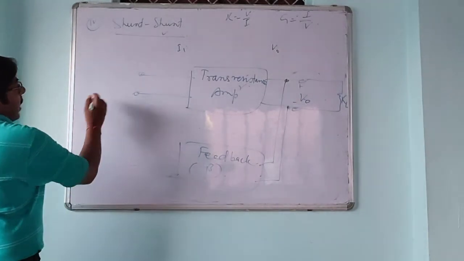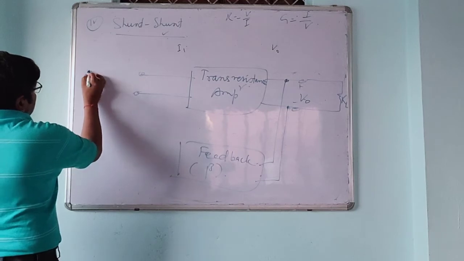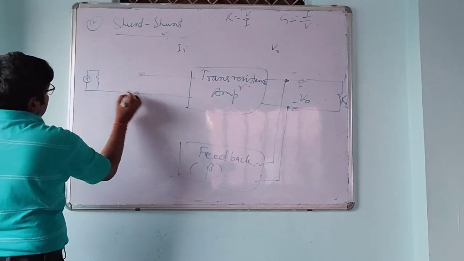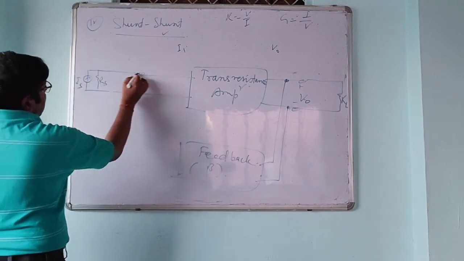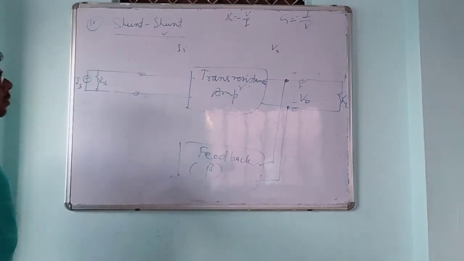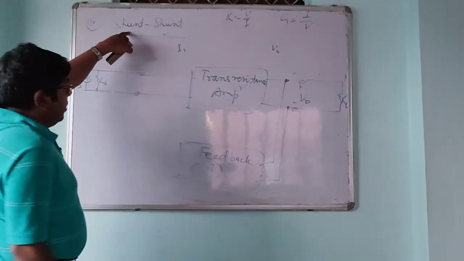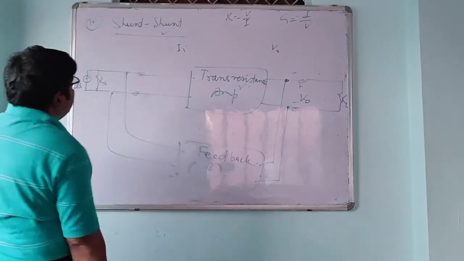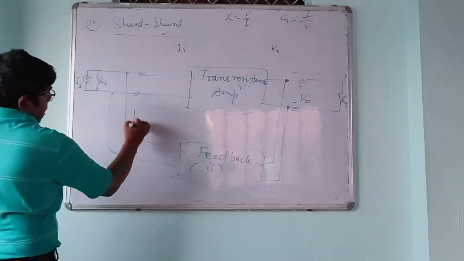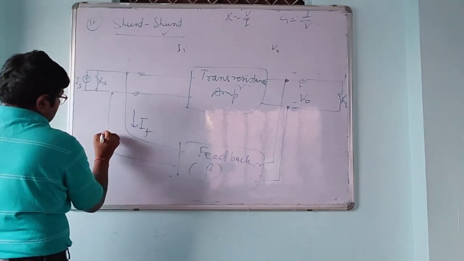So input is current, that's why we are using a current source. A current source in parallel with source resistance and source current. And connection in shunt. This is also in shunt. So this is the feedback current.